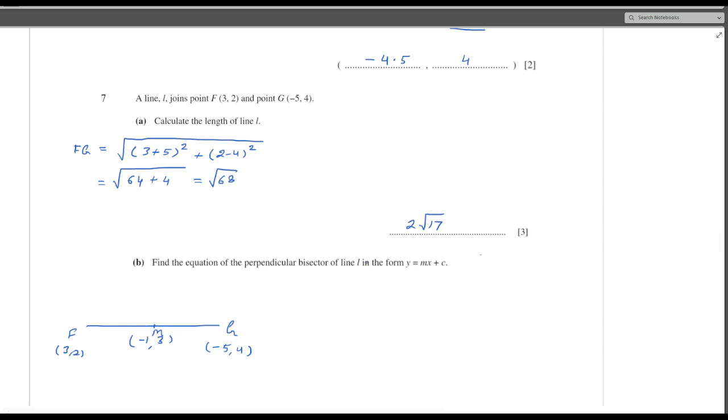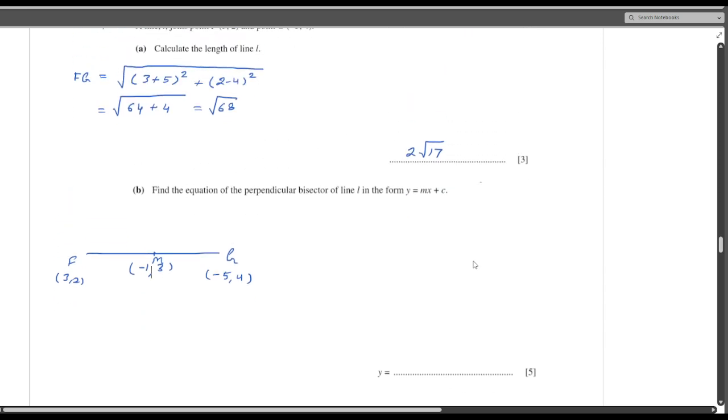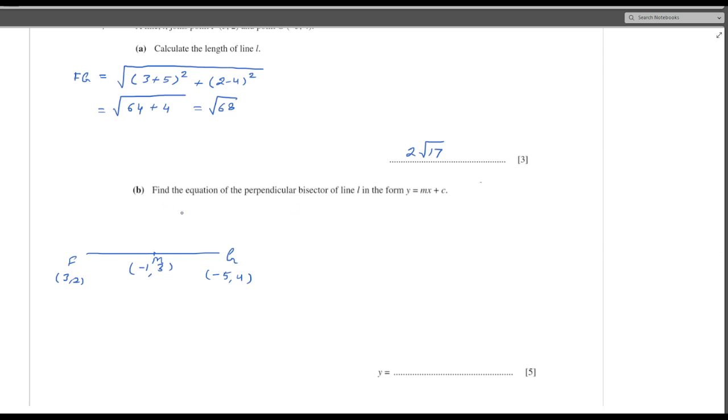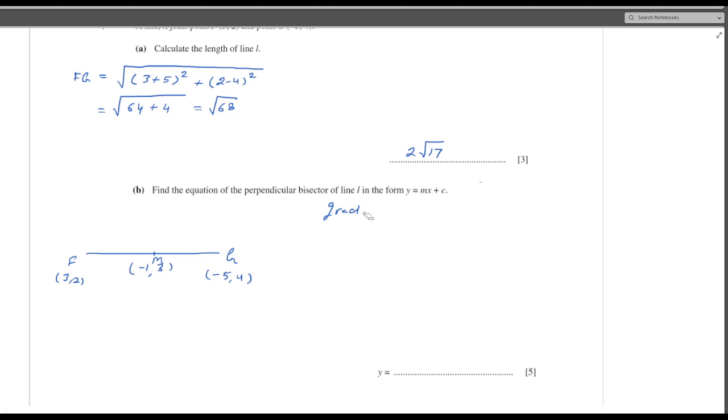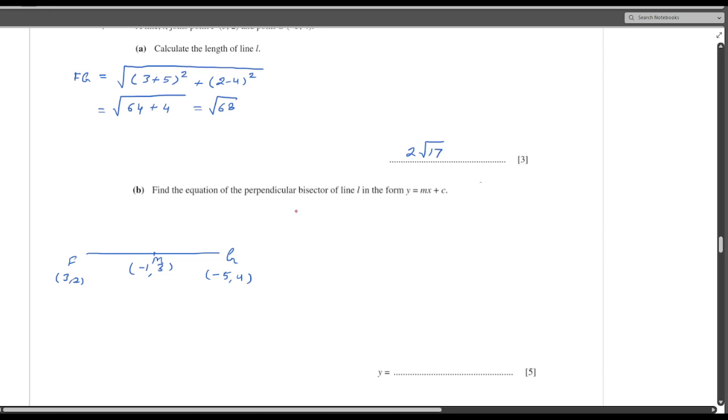Find the equation of the perpendicular bisector of L in the form y is equal to mx plus c. I will also find out the gradient of FG. Gradient or slope, so let us say gradient only.